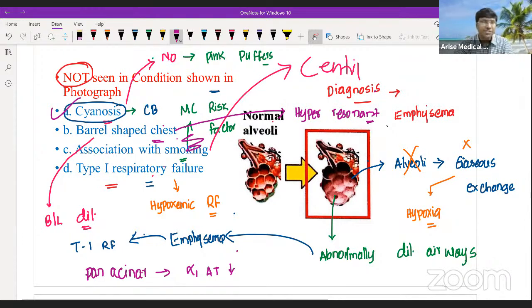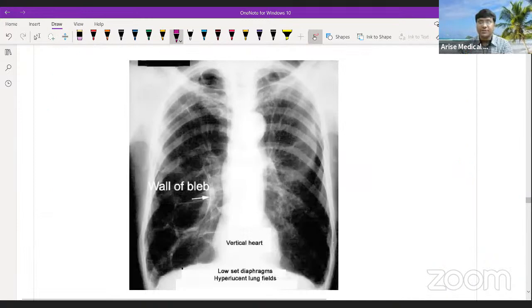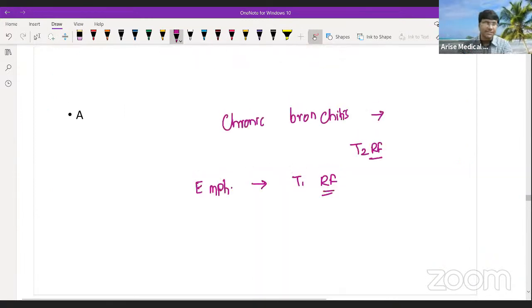In that session, we will discuss image-based questions on the pulmonary function test: in obstructive lung diseases, what will be the pattern, in restrictive lung diseases, what will be the pattern, and how will the pulmonary function test look. I will discuss all that in the next image-based session on pulmonology.